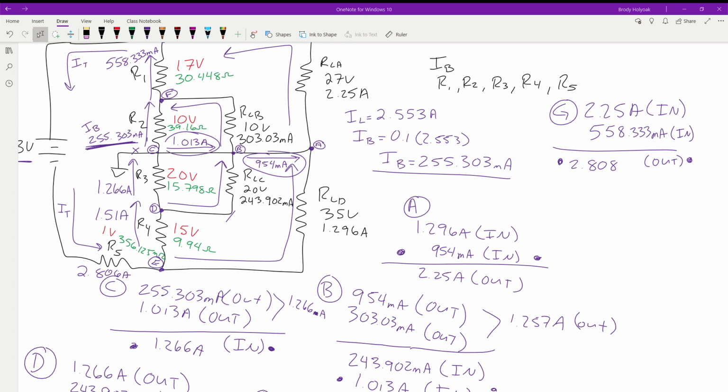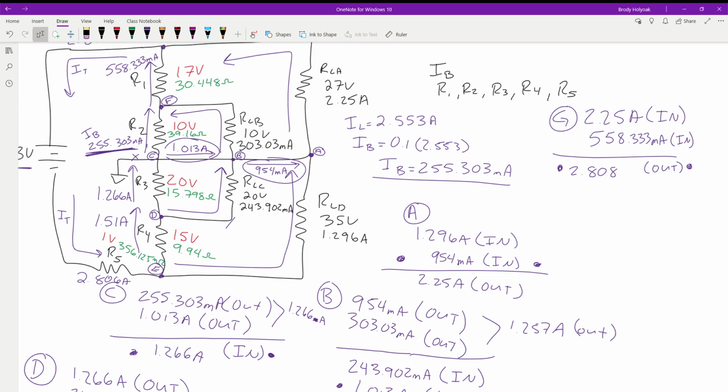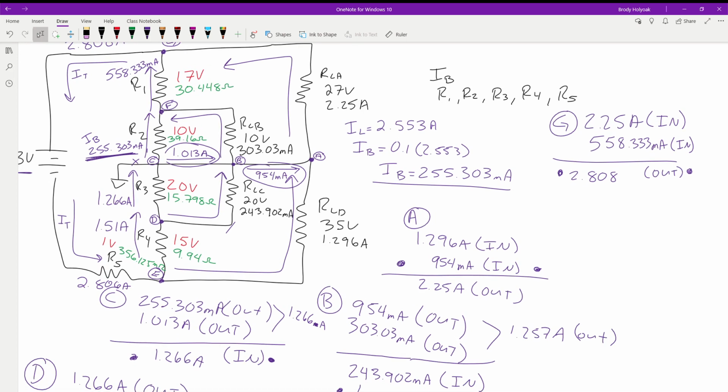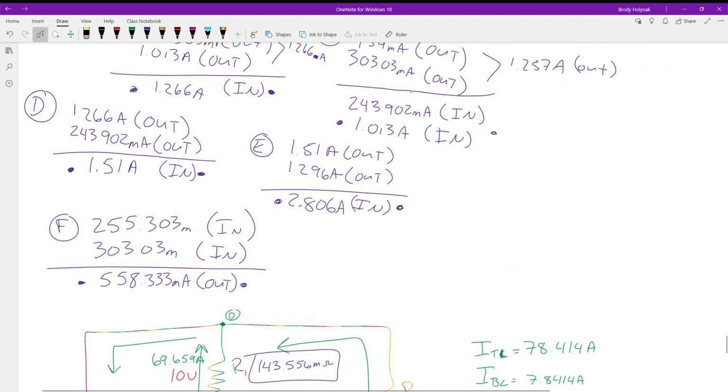Yep. Yeah, so like on here, because we've got a total of the 2.553 amps up here, and down here we have about 1.5 milliamps or 1.5 amps. So we're going to take our bleeder off of this guy. And since we did it, we know it's going to go on one of these two resistors.